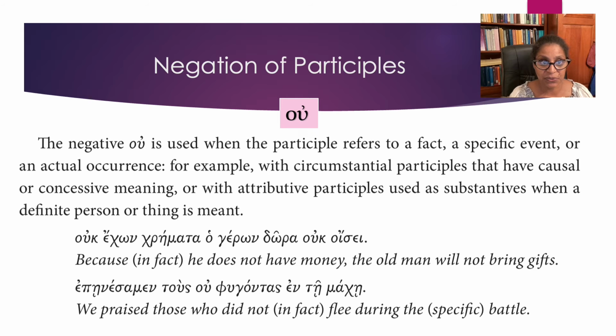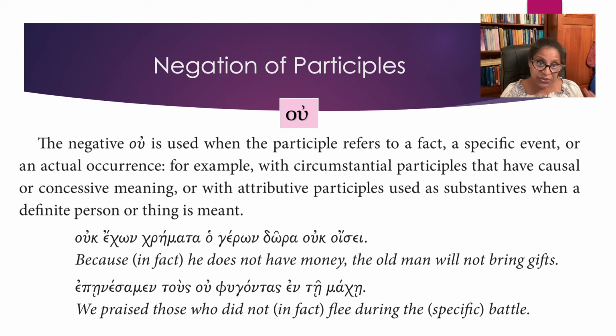So when it comes to negating participles, it helps to remember that the participles stand in for a verb, right? They stand in for a finite verb that has been made subordinate to the main verb. So the question is then, what was that original finite verb?